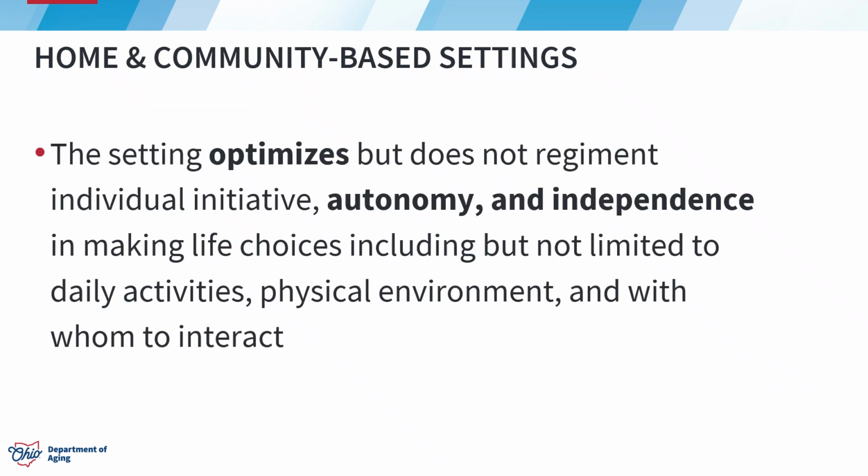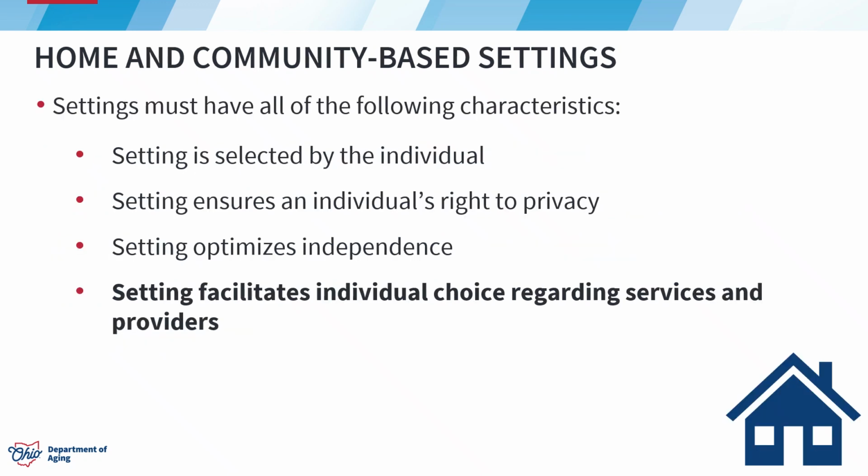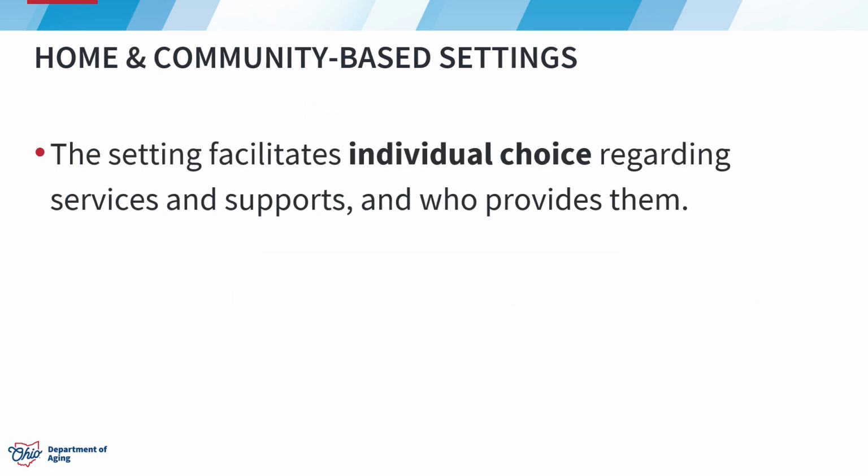And this also includes that the setting does not regiment individual initiative, autonomy, and independence in making life choices, including but not limited to daily activities, physical environment, and with whom to interact. And lastly, the setting facilitates individual choice regarding services, supports, and providers. So again, the individual choice regarding services and supports and who provides them.